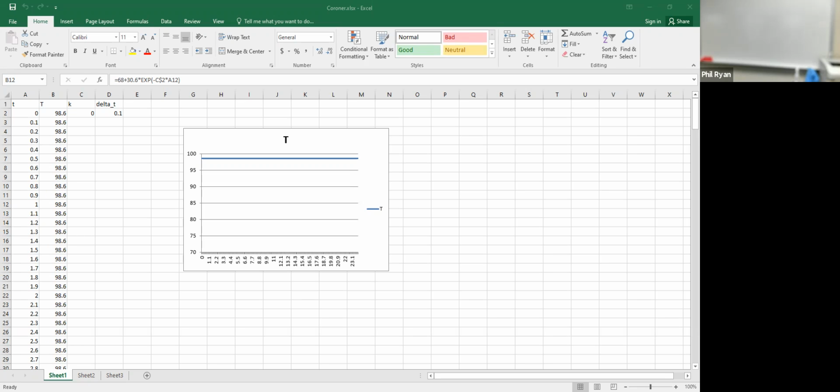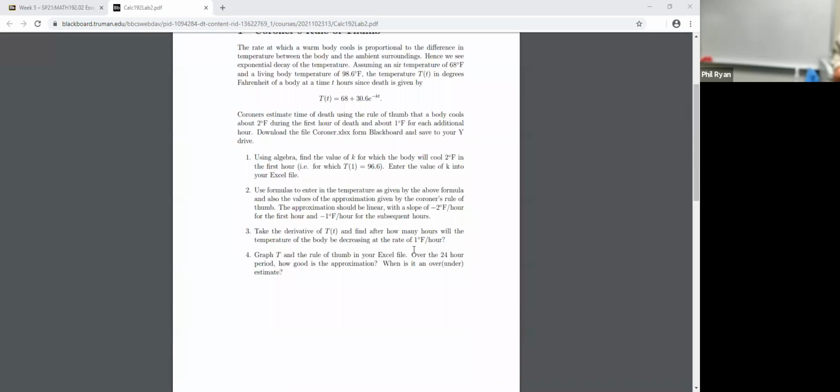So the first thing we've got to do is find a value for k. We're going to use that rule of thumb to figure it out.